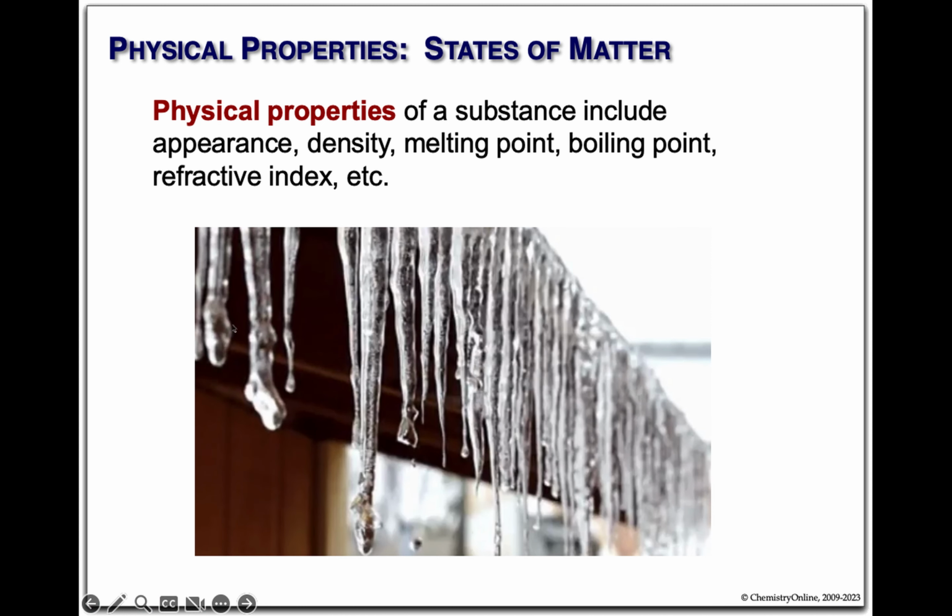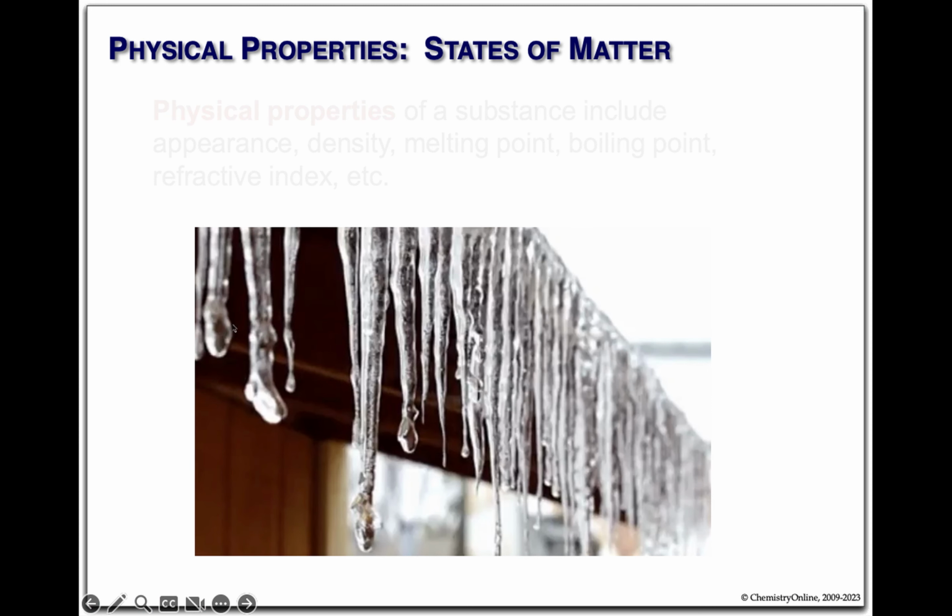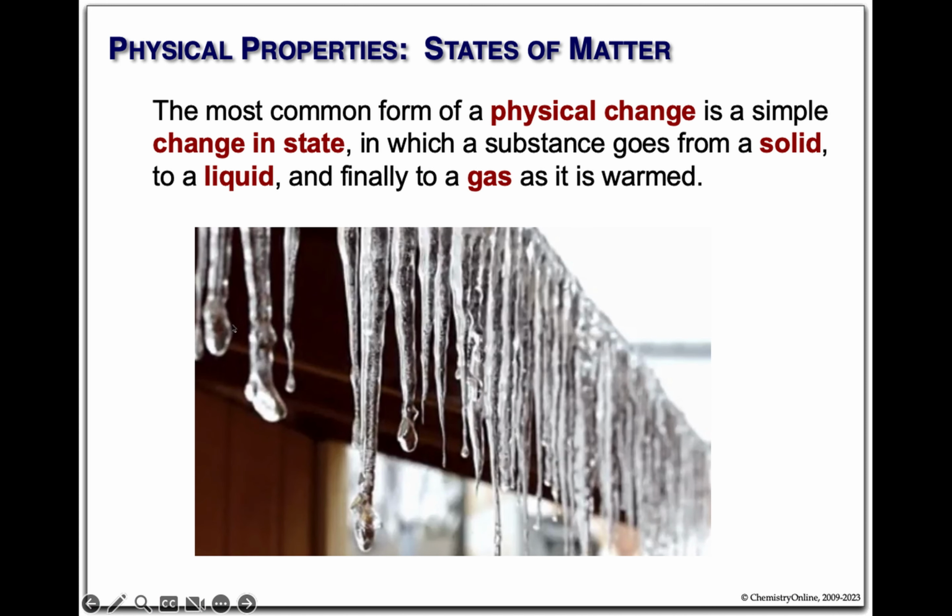You can take a substance and make it undergo a physical change. Now, the test here is, is it still the same substance? We start off with a solid, ice. It melts. We get liquid water. Finally, this can evaporate and form a gas. But they're all still water. It's a physical change.